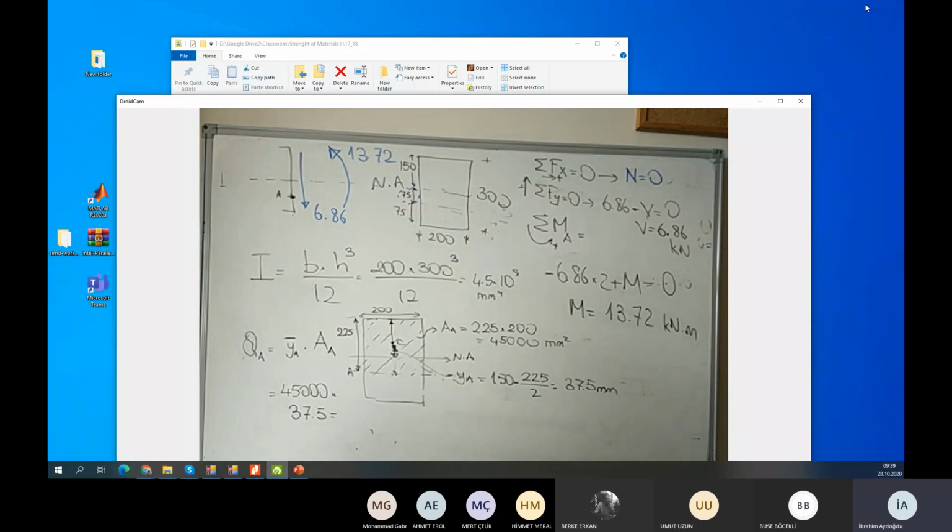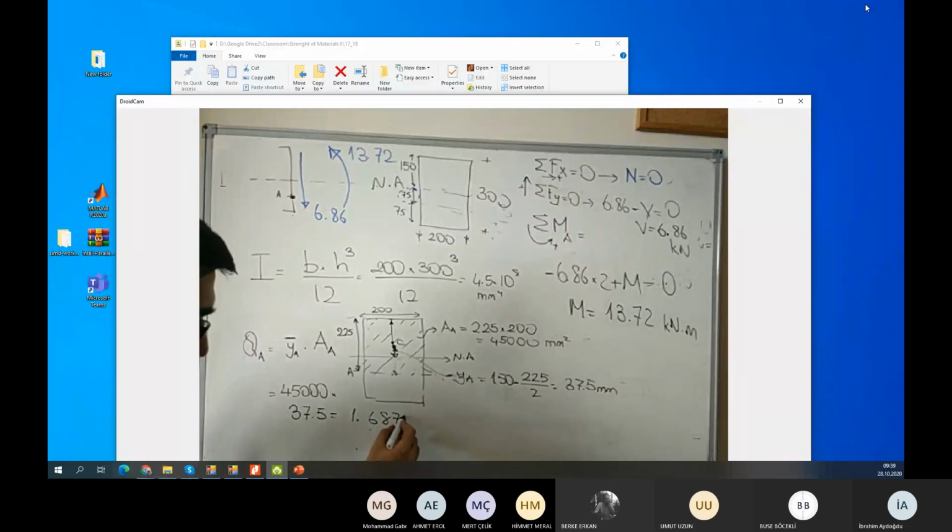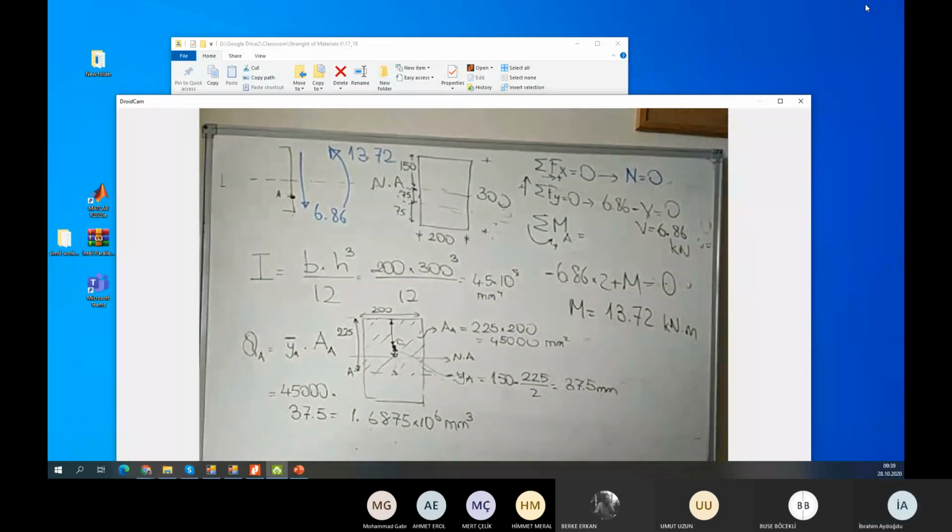I don't have the ability to calculate in my head. It is 1.687 times 10 to the power 6, and the unit is millimeter cubed. Do you have any question about the calculation of Q and the moment of inertia?